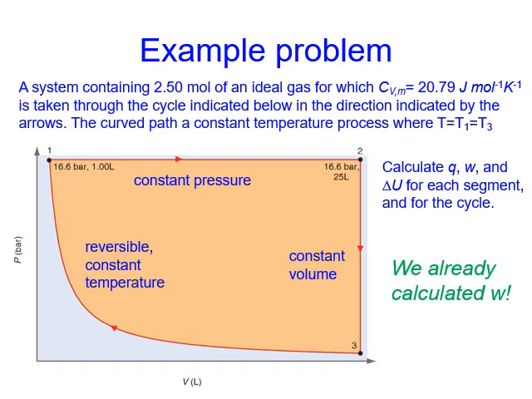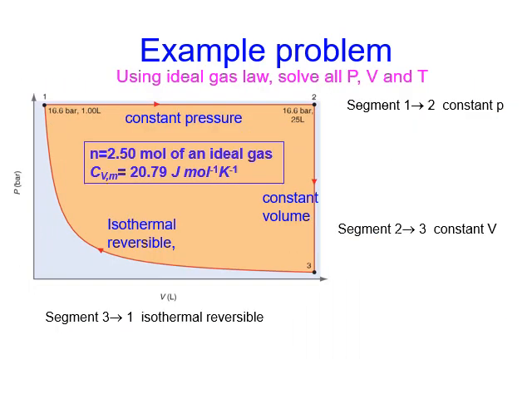Here's a sample question that you have already seen before. It asks you to calculate work. But now we are going to calculate not only work but also internal energy and heat. We already showed how to calculate work. For constant pressure, it's negative pressure times volume change.